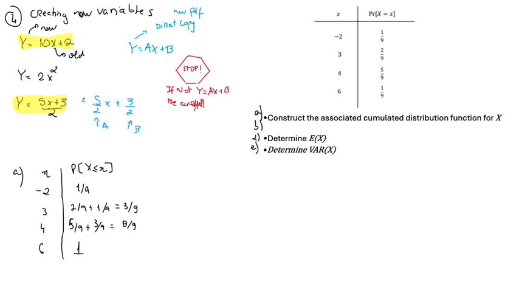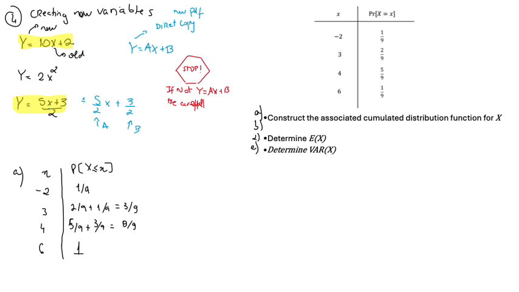For example, I can create a new variable y, so this is a new random variable, where I construct the new random variable from the old random variable. And in this case it is a special type of formula, what we call, it follows the equation of a line.